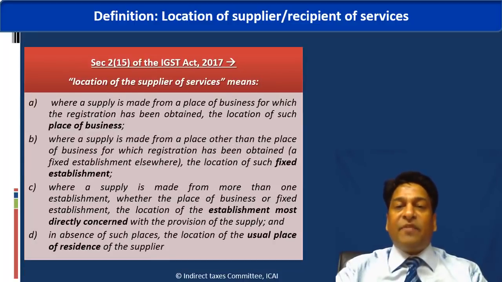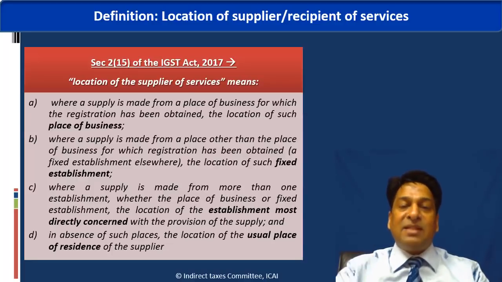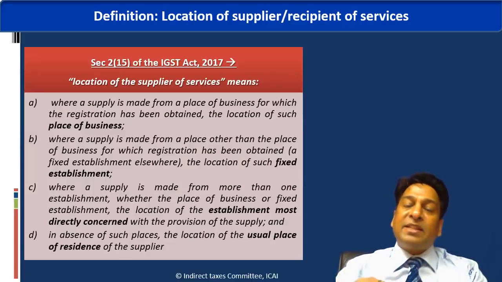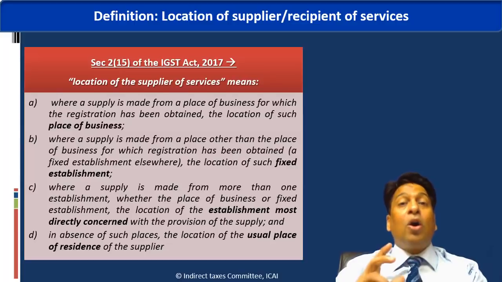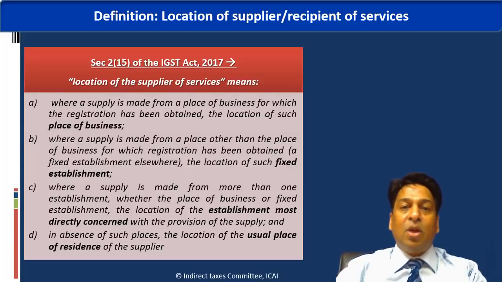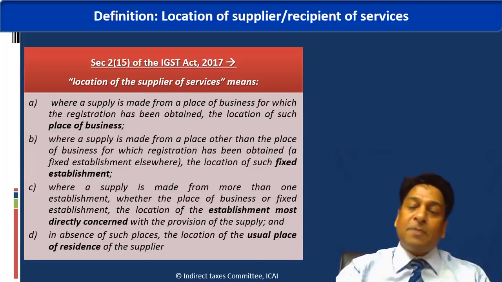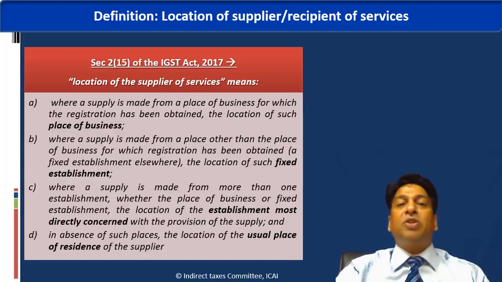As you could see within the definition as provided in the slide, under section 2 subsection 15 of IGST Act 2017, location of supplier of service means a place where registration is being taken, or a fixed establishment which is characterized by sufficient degree of permanency of human or technical resources, or establishment most directly concerned, or usual place of residence. This is the order we have to see to identify location of supplier of service or location of recipient of service.